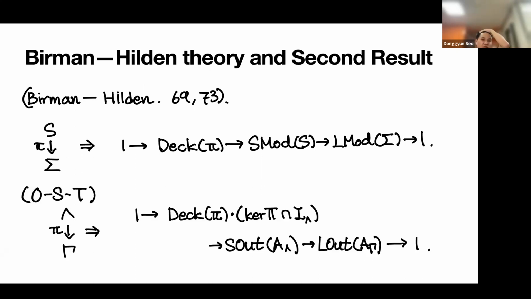But our case is somewhat different. The kernel of the SOUT to the LOUT can be infinite, so it has more than the deck transformations.